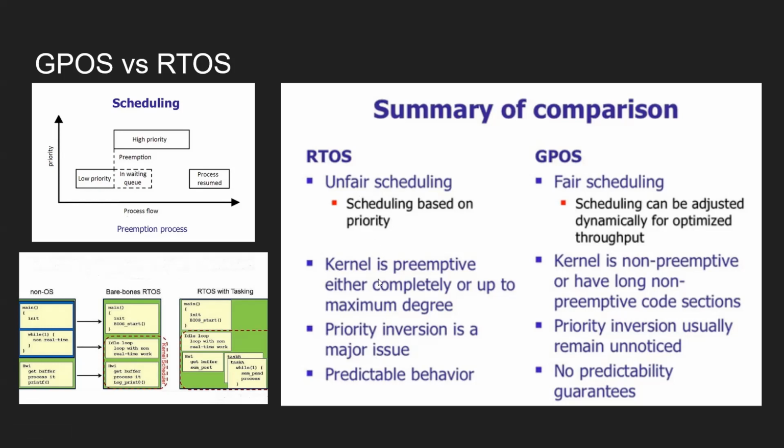Another thing in RTOS is the kernel is preemptive. Typically kernel level programs are never preemptible, so whenever you make those system calls, there's no way for another program to interrupt it. There might be exceptions to this, but as far as I'm aware, this is a general rule. At the very least, no user level program can interrupt a kernel level program. So kernel level programs will always have priority in a general purpose operating system.